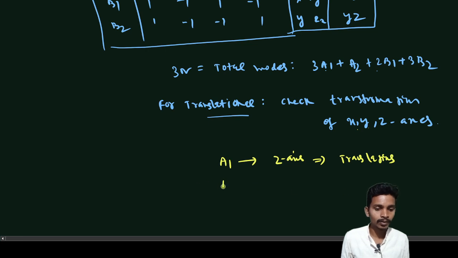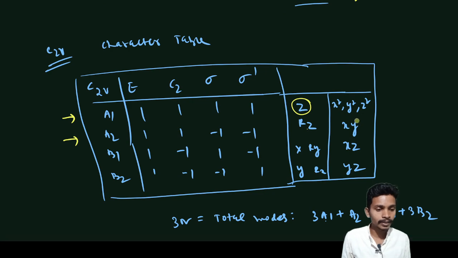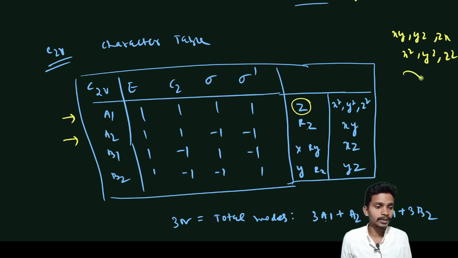Similarly, next we will go for A2. For A2, this is Rz, xy. This is xy, not x and y. So xy, yz, zx, or x square, y square and z square are the quadratic functions. These we will check for Raman activity.